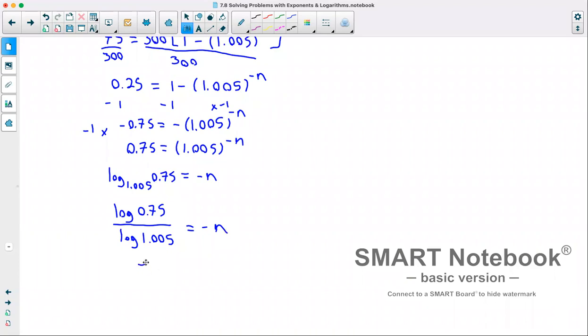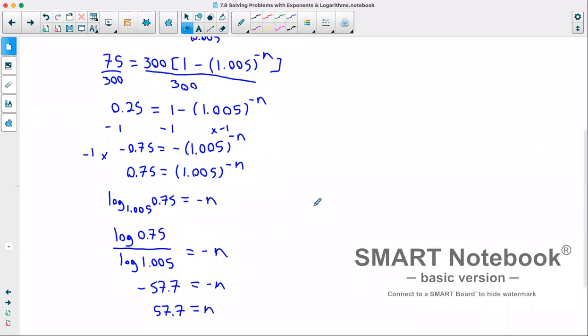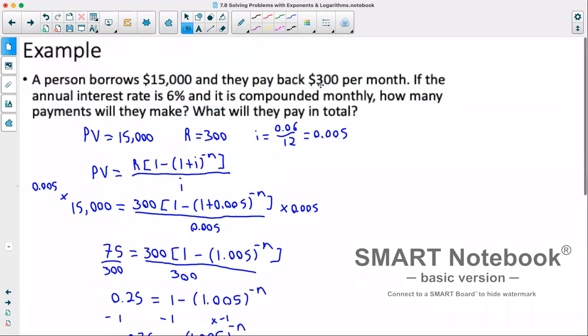Now that gives us negative 57.68 or 57.7 equals negative n. Multiply both sides by -1. So we've got 57.7 payments. Now, if we want to know how much we paid total, we were paying $300 a month.